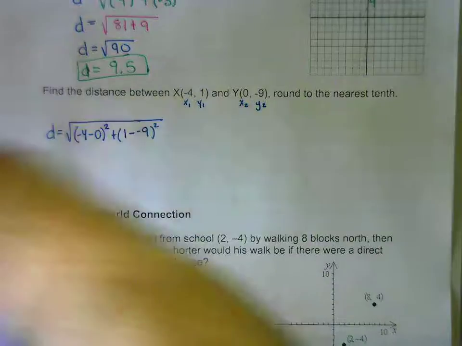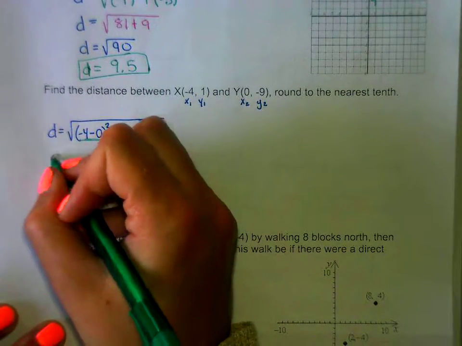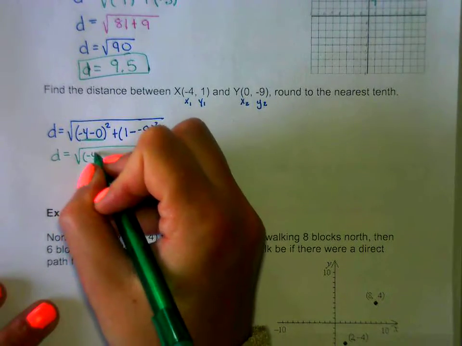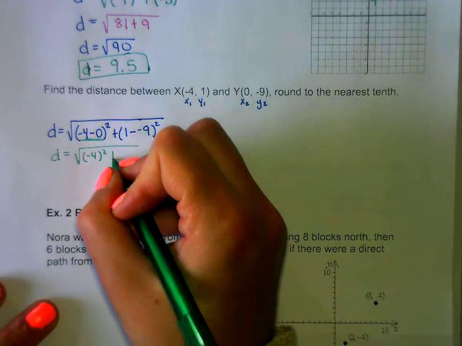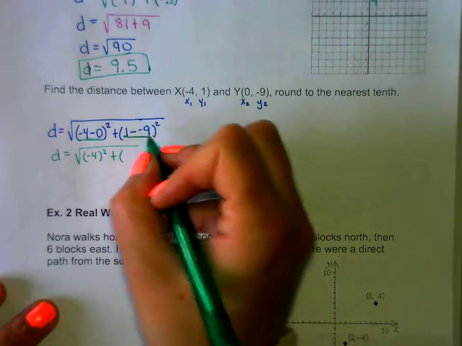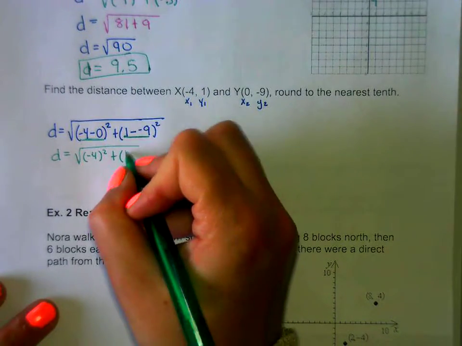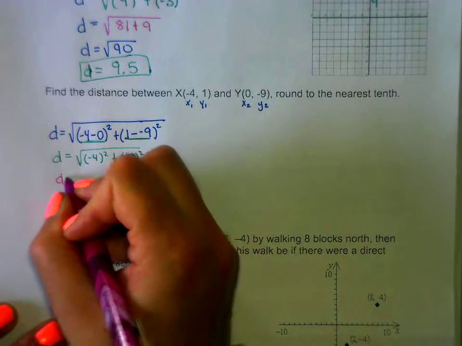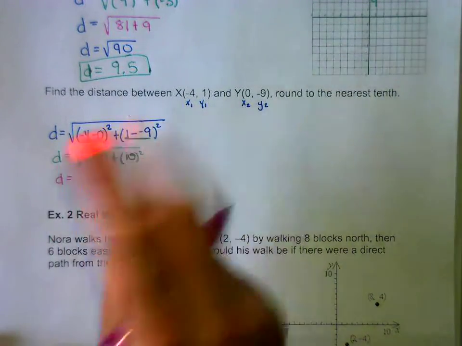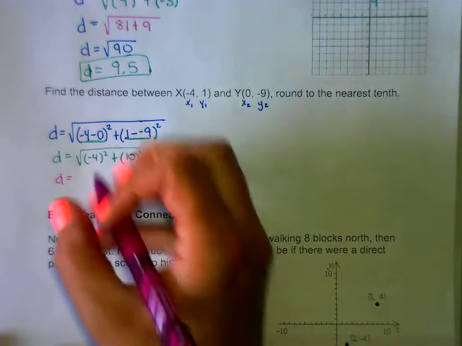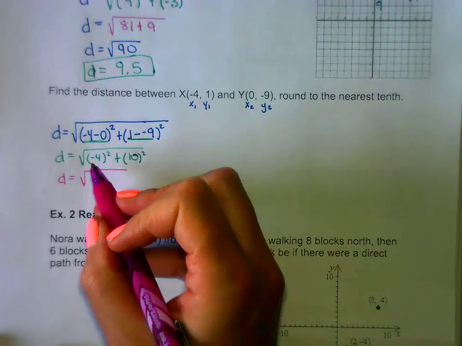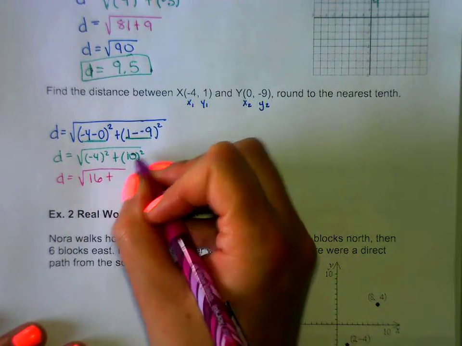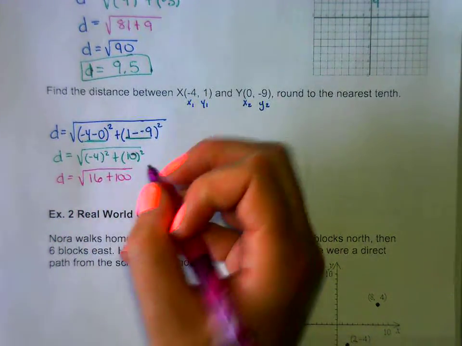So first step, I'm going to do negative 4 minus 0, so I end up with a negative 4 that I'm going to be squaring, plus 1 minus a negative 9 is 10 that I'm going to square. So negative 4 squared, which means negative 4 times negative 4, is going to end up being positive because a negative times a negative is positive. 4 squared is 16, plus 10 squared, which is 100.